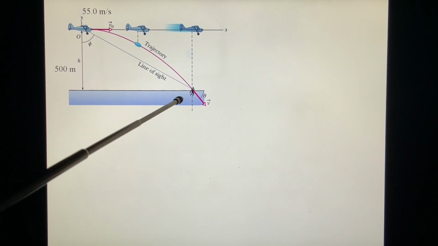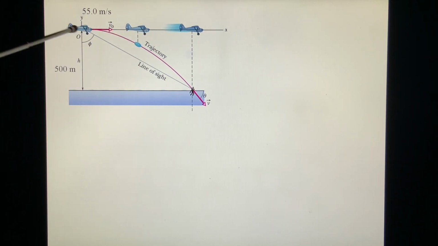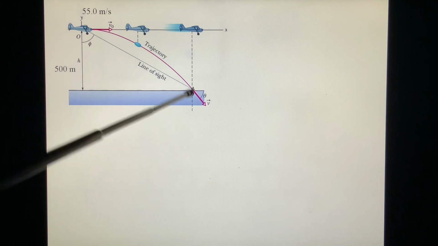And this distance equals the time multiplied by the velocity, 55.0 meters per second. How much time does it take to hit?